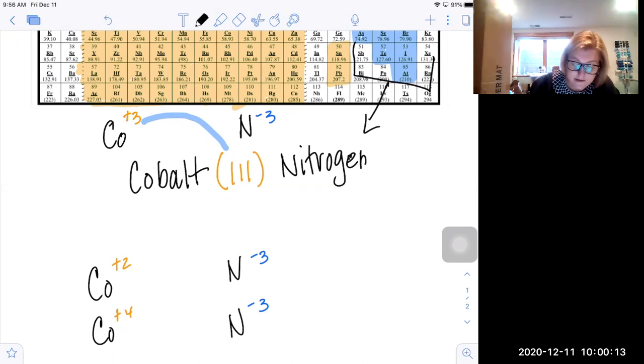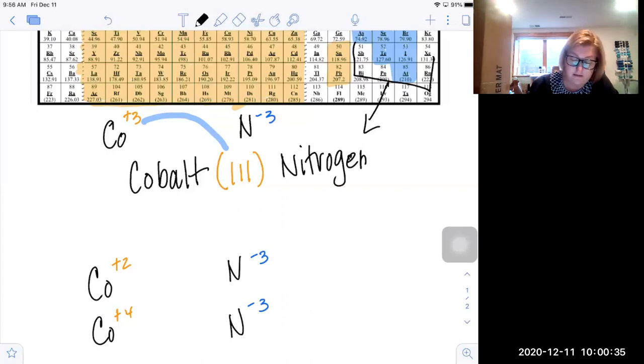Again, cobalt is Co. We know that the charge for cobalt is right here. It used to be a 4. That 4 got here from the charge on cobalt. So now I need a IV, a Roman numeral 4, to match the charge.